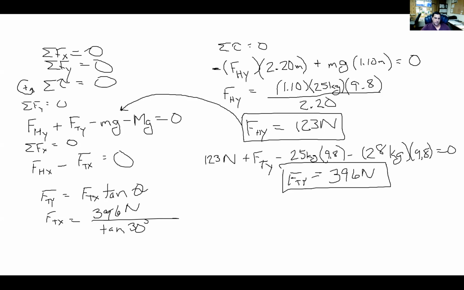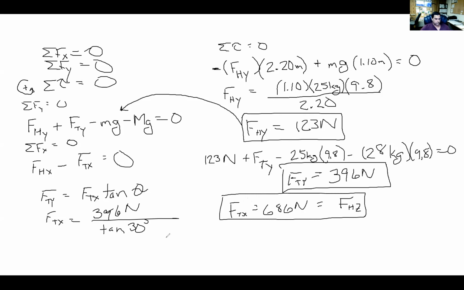So if I look at my two angles, opposite would be the Y, adjacent would be the X. Ftx is going to be 686 newtons, which is also equal to Fhx, 686 newtons.